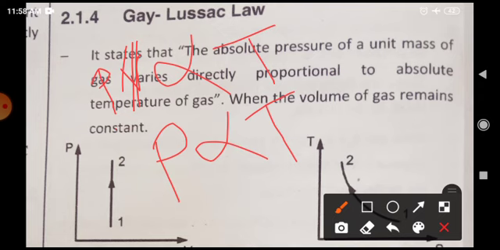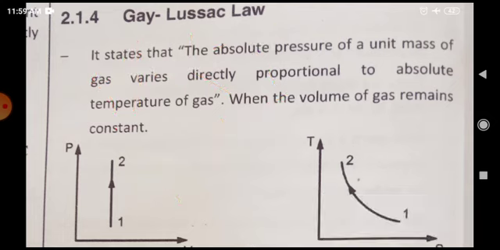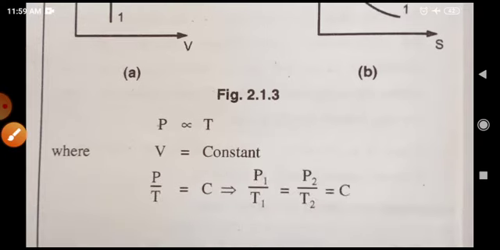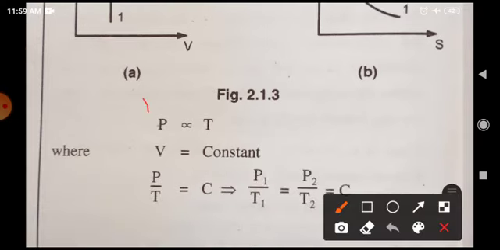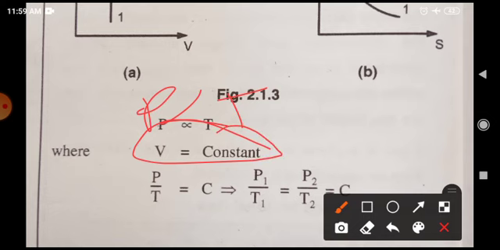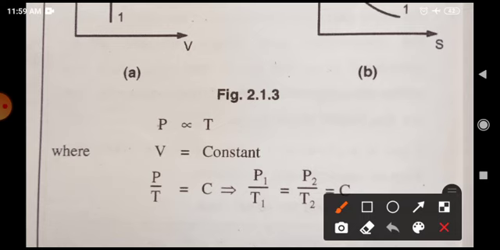That means the absolute pressure of unit mass of gas varies directly, this is the sign of direct proportion, with the absolute temperature. This is Gay-Lussac's law, and its explanation is also given here. You can see P is directly proportional to T, where V is constant. Therefore for two states of the same process you get P1 upon P2 equals T1 upon T2.